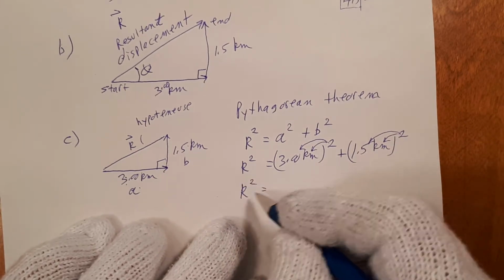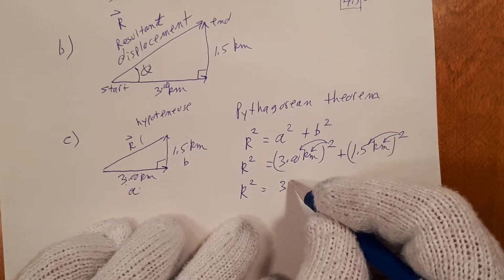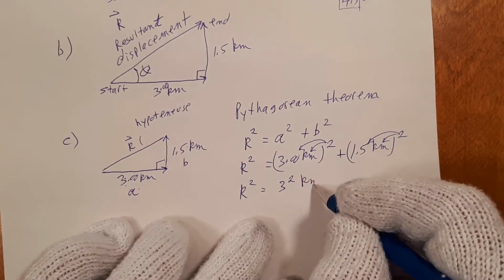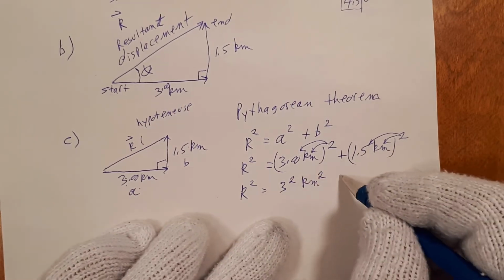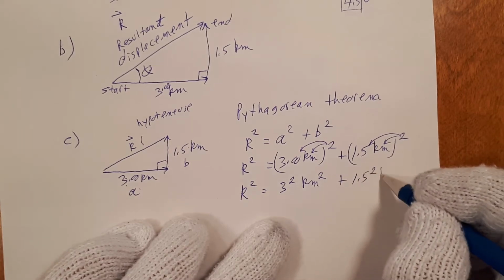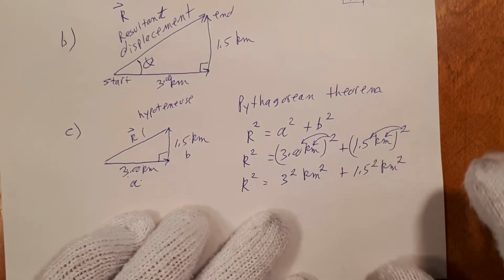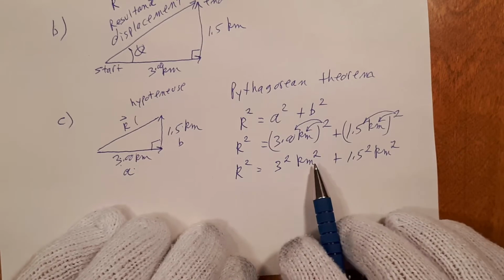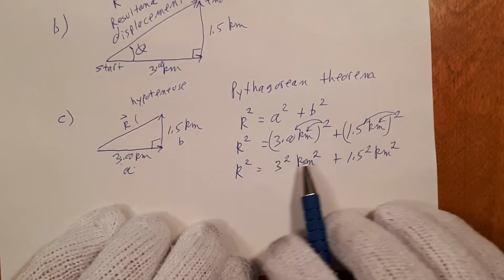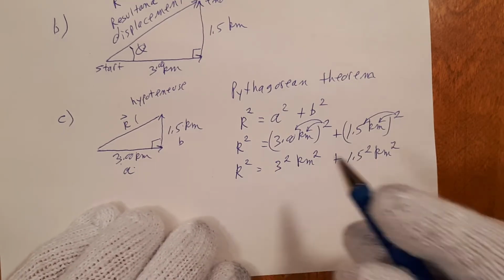So r squared, the resultant squared, is equal to 3 squared kilometers squared plus 1.5 squared kilometers squared. As before, since the units are the same, we can simply add the two values.